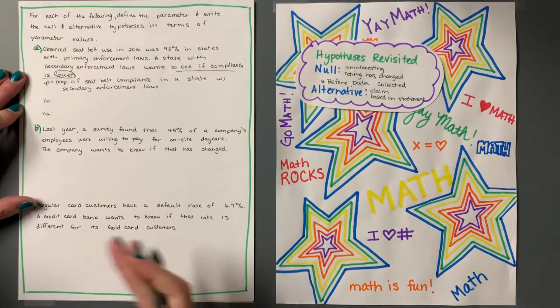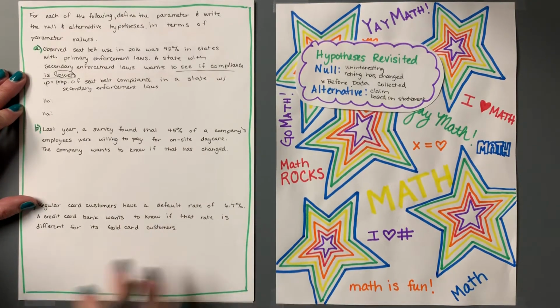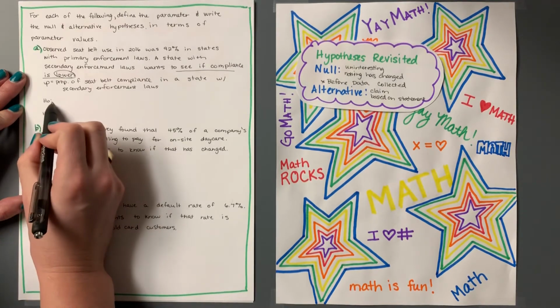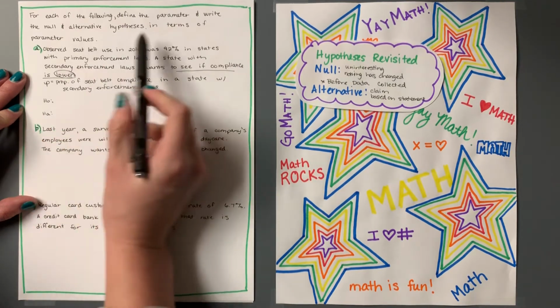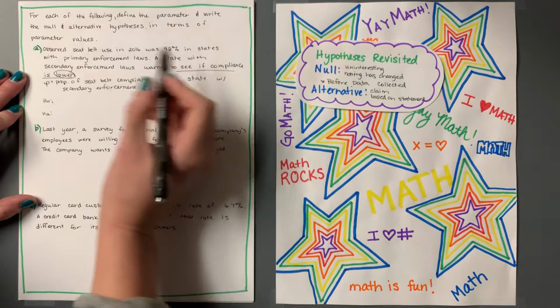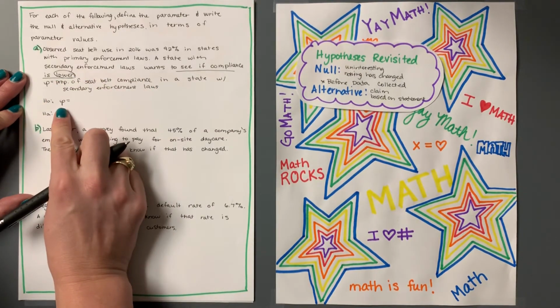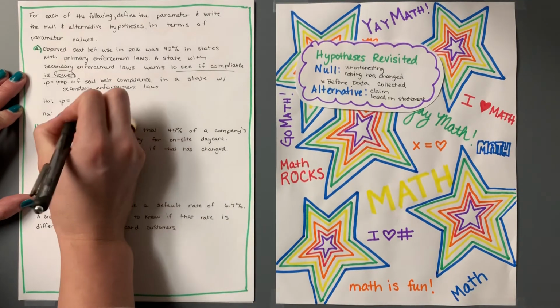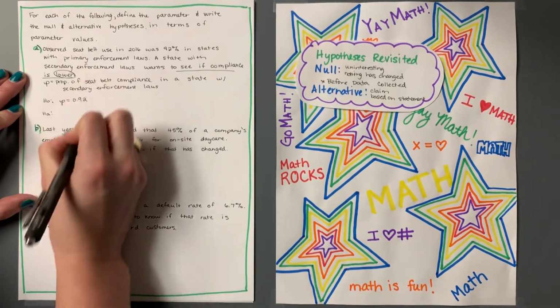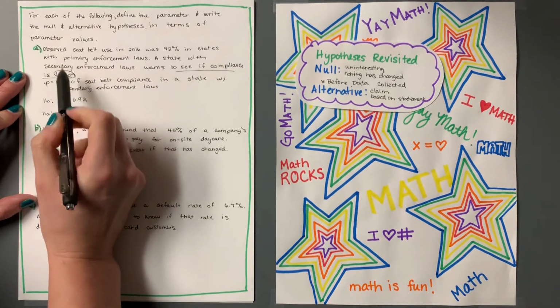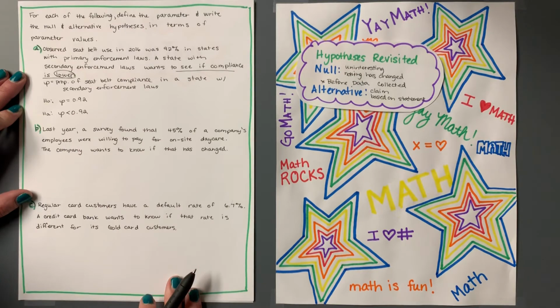That means we have reason to believe that the compliance will be lower. That makes this a one-tail test. My null hypothesis is that nothing has changed, that the compliance level is the same. So that is going to be that the compliance in the state with secondary laws is 0.92. And my alternative is that it's less than 0.92, and that has to do with that word lower.